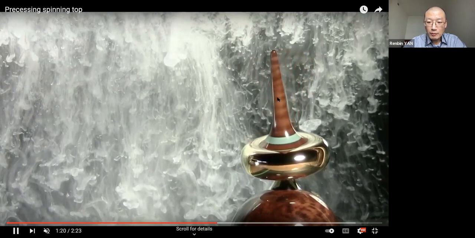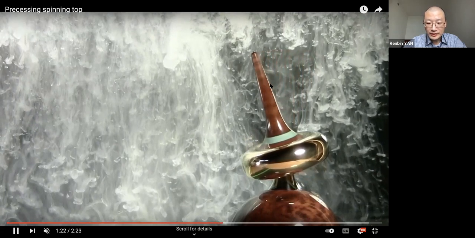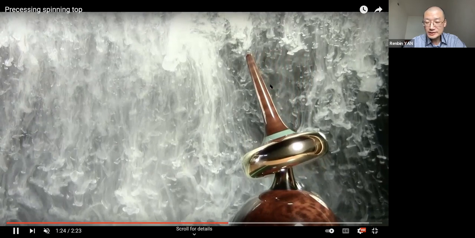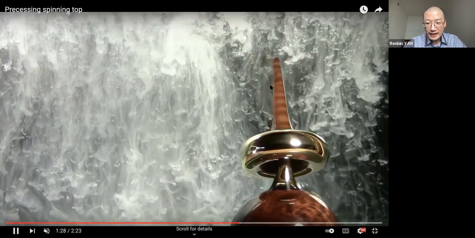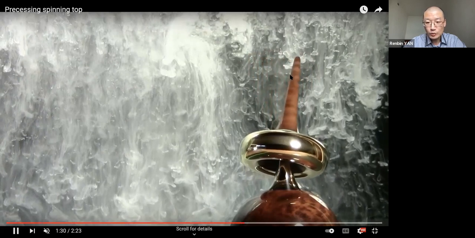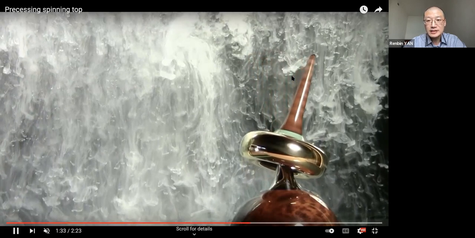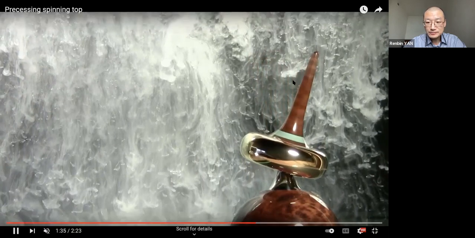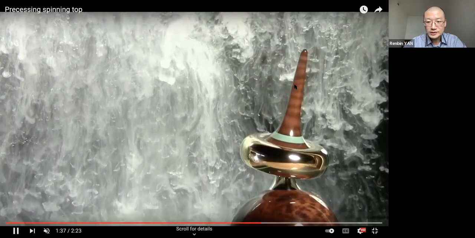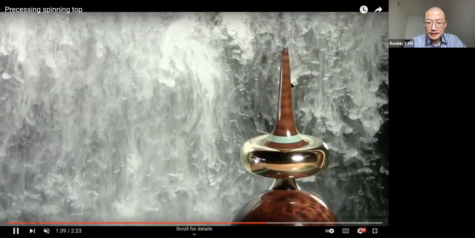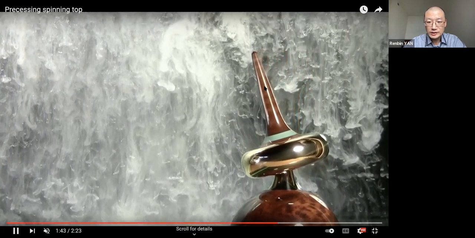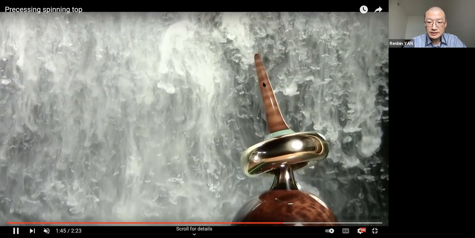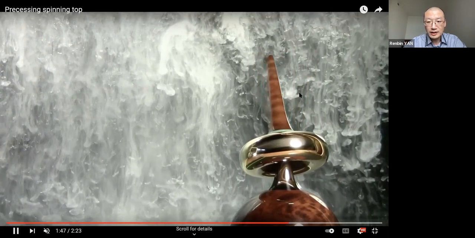The reason it wobbles around is the gravity of the Earth. The reason the rotation axis of the spinning top on my desk is wobbling around is also the gravity of the Earth. There is a force dragging it down, and combining the rotational motion and the gravitational force causes the axis to wobble around slowly.